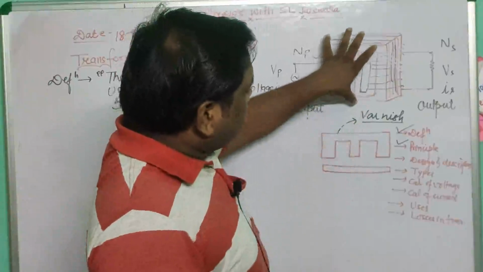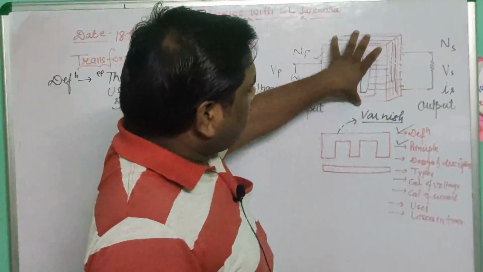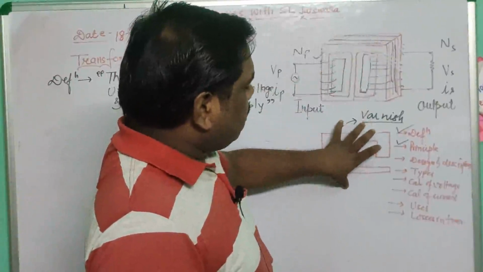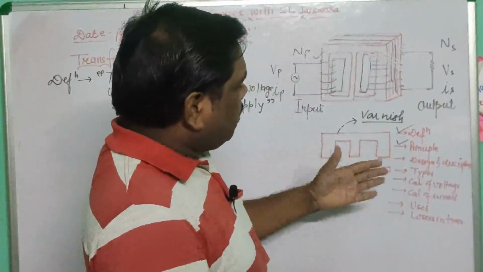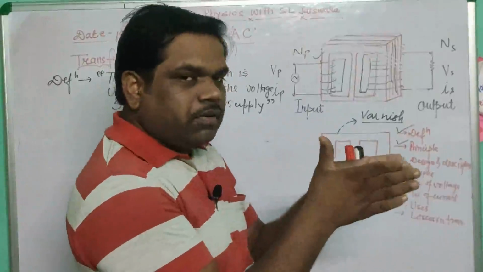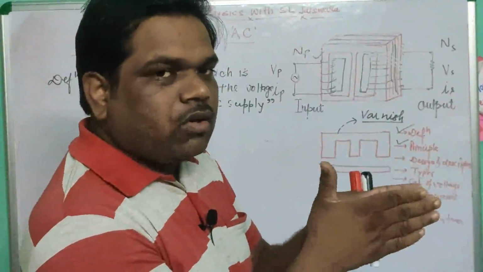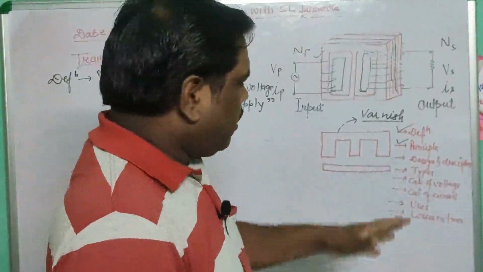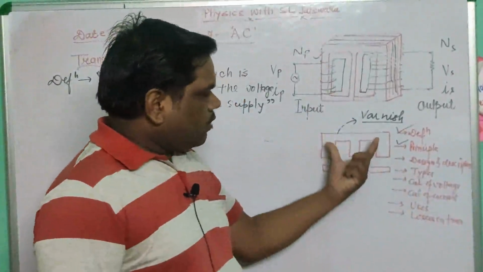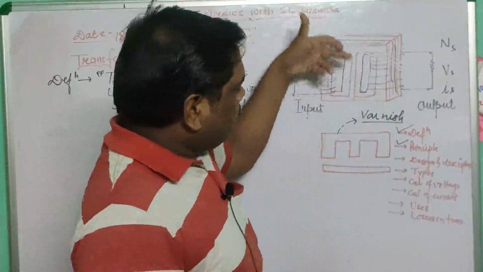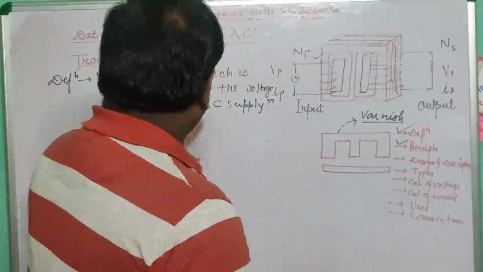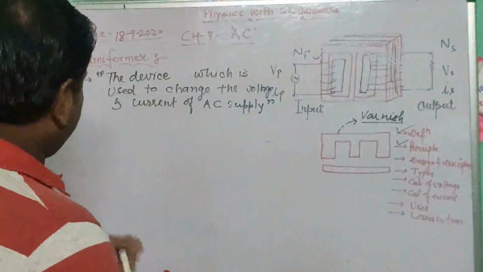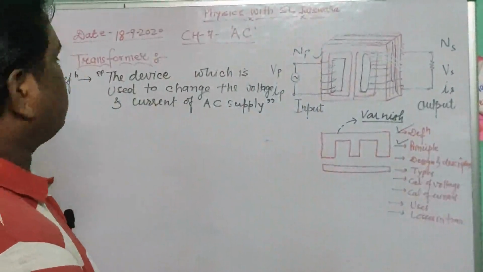This is just for study purposes, but actually a transformer is made with the help of so many plates, that is, so many soft iron cores. The actual shape of the core of this transformer is this. So let me tell you the definition of transformer.